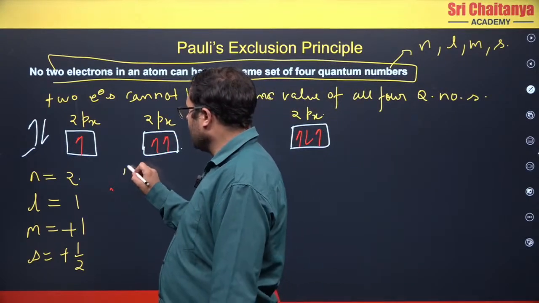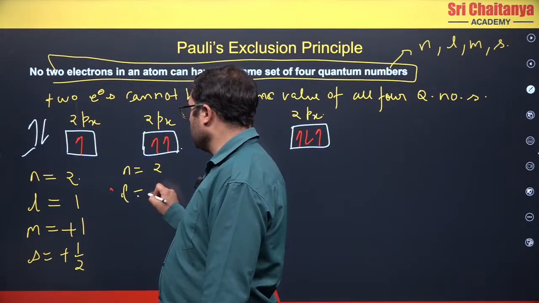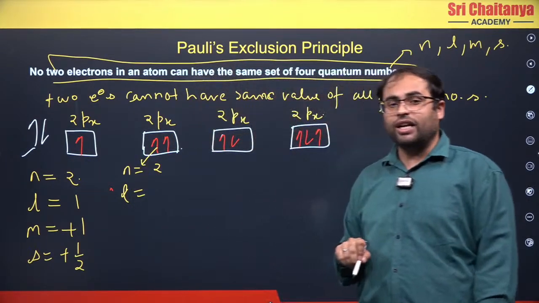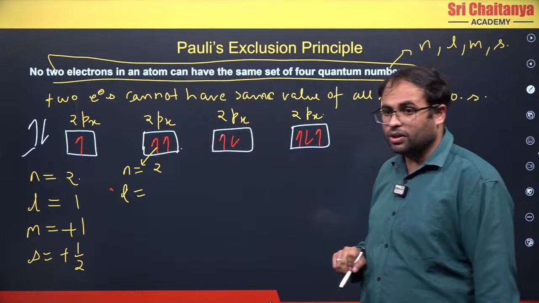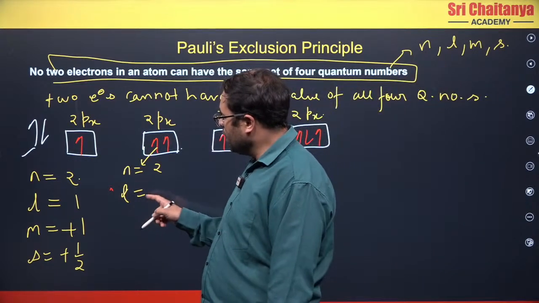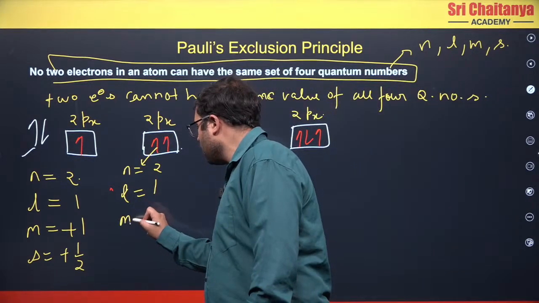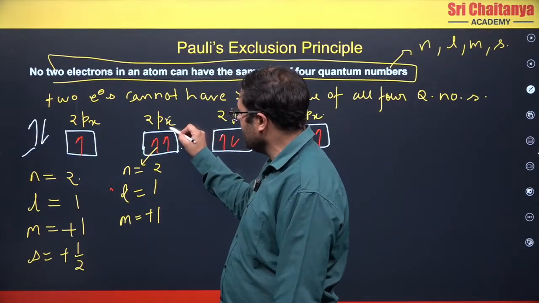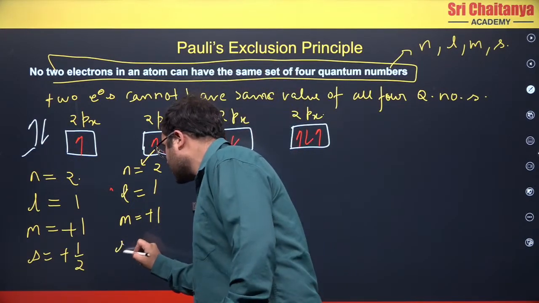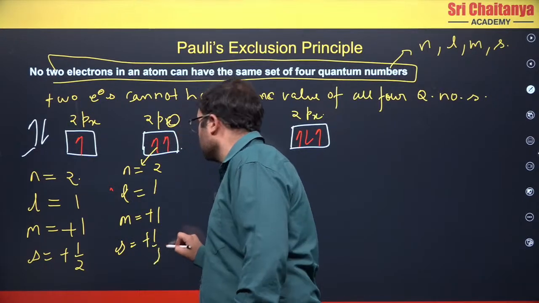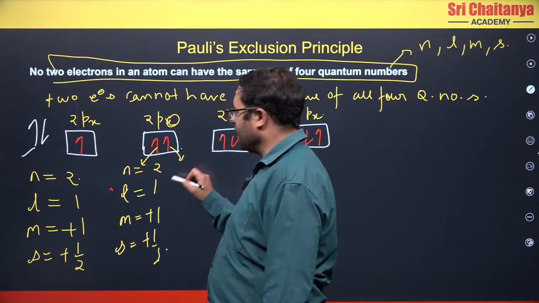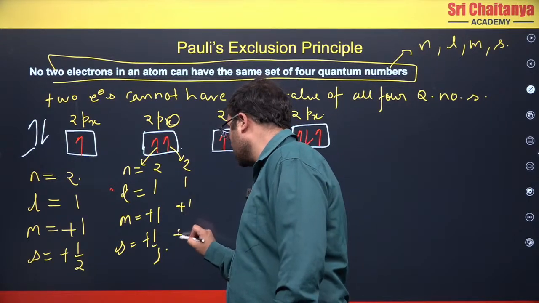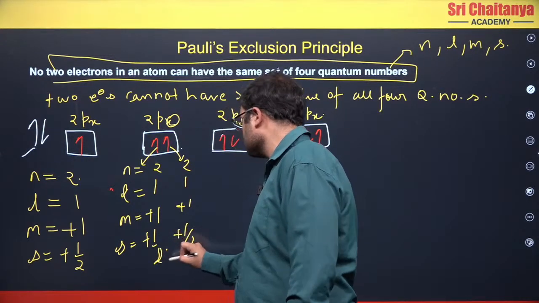Here again n will be equal to 2. For every electron there will be different values of quantum numbers, that is what it says. Now l will be again 1, m will be plus 1 only because I am considering that x is for plus 1, s will be plus half. Now for the other electron, n will be 2, l 1, m plus 1, and again plus half.